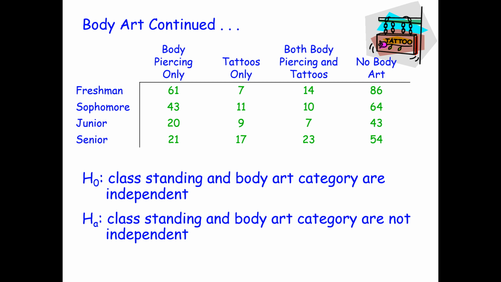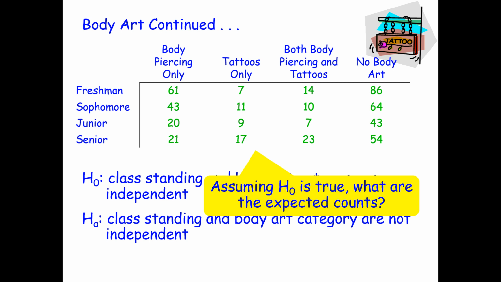Now, assuming that our null hypothesis is true, what are our expected counts? So remember, to get this value, we're going to take our row marginal total times our column marginal total divided by our grand total.